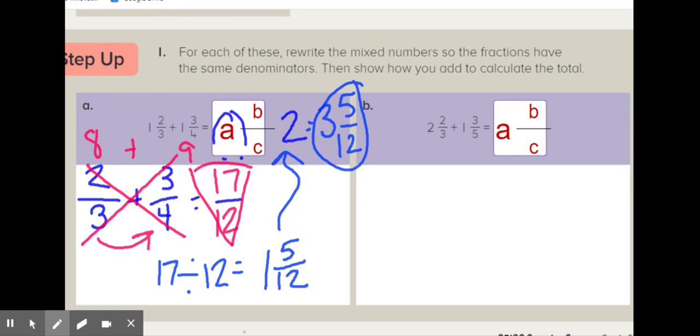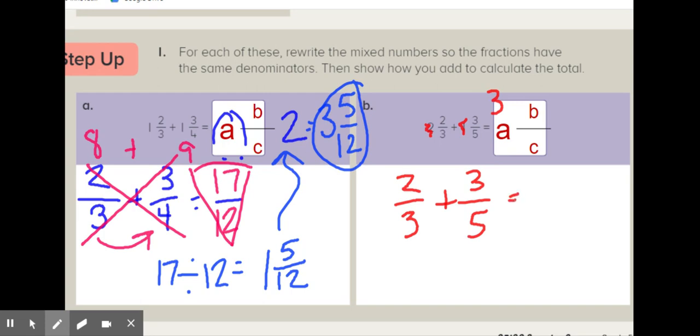Most of the time, my students really like the quick multiply, so why don't I go ahead and do that one again? I'm going to remind myself that my whole number is going to be 3, unless I have to do some kind of reducing. So I'll get rid of the 2 and the 1 because I've used those to make the 3. And I'm left with the problem 2/3 plus 3/5.